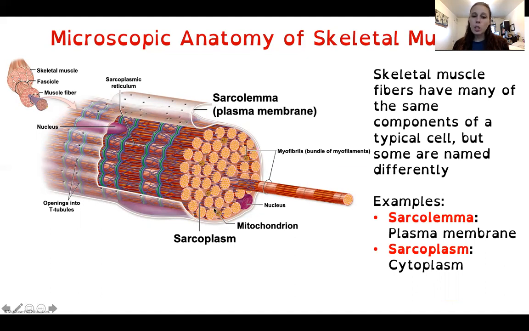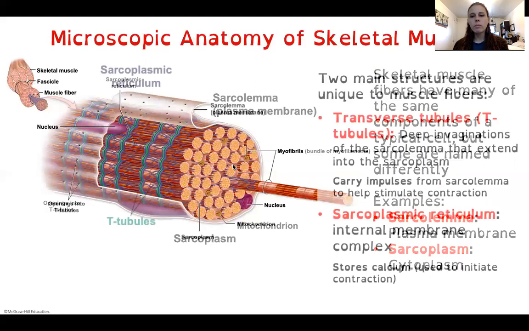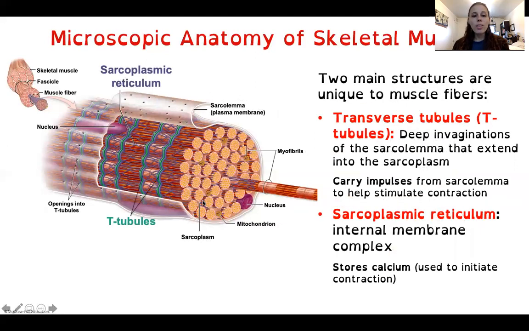Inside we find cytoplasm that for this cell is called sarcoplasm, but it's just the cytoplasm of the cell. And then see that we find multiple nuclei. There's one here and another one down there, another one here, and so on. Now, within this sarcoplasm, we find structures that are similar to what we've seen in other cells.